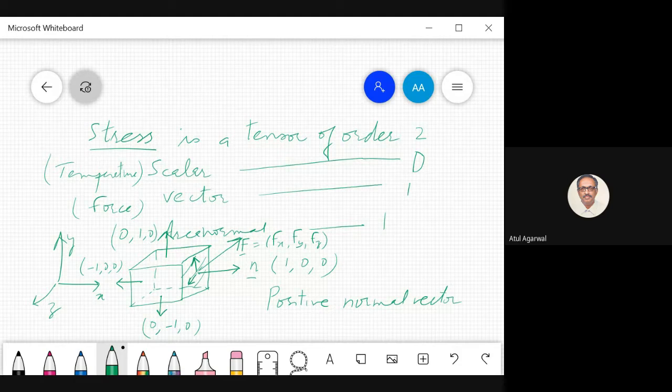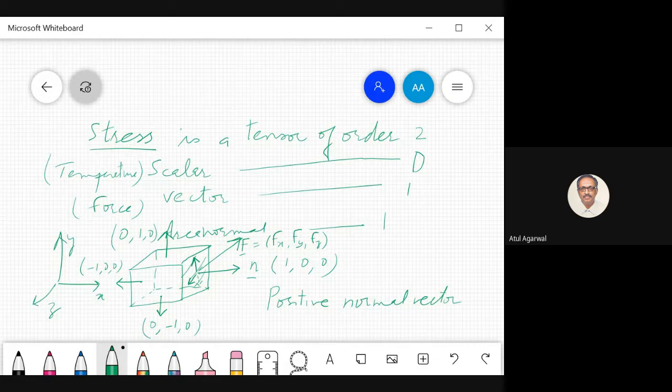If some component is negative, it means the actual component is in the opposite direction. Suppose this y component was negative, then it would have gone like this. Then this value of fy would have been negative. Any problem? No, sir.